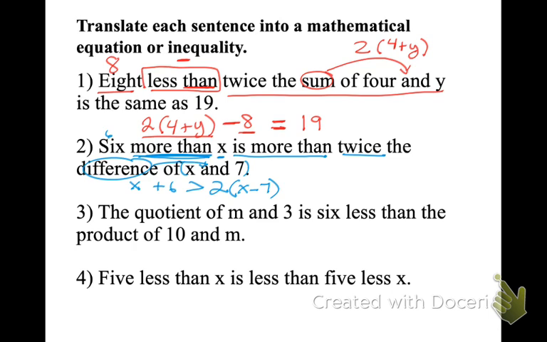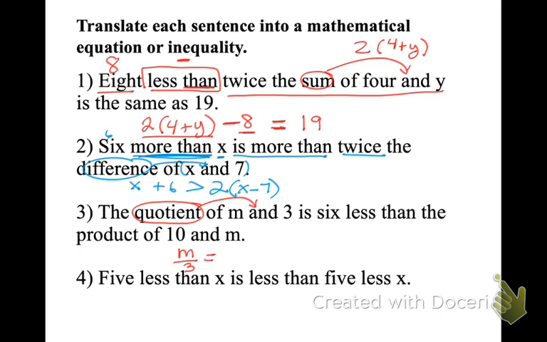Okay, the quotient, next one. The quotient of m and 3 is 6 less than the product of 10 and m. It sounds very tongue twisty, so we're going to take it one piece at a time. I've got the quotient, I'm sending it to the and. So how would I show m and 3, the quotient of m and 3? We're going to go m over 3.